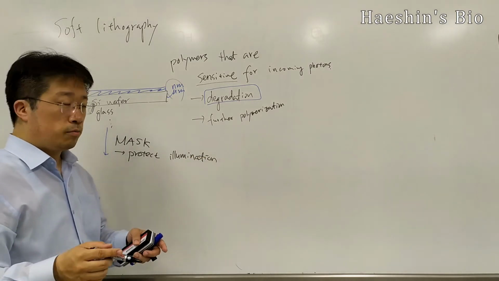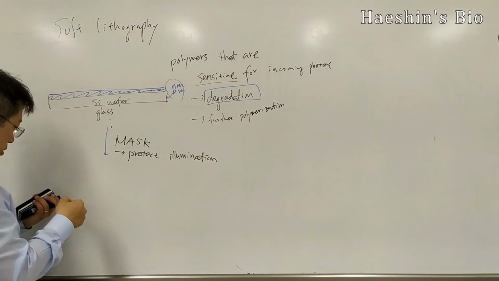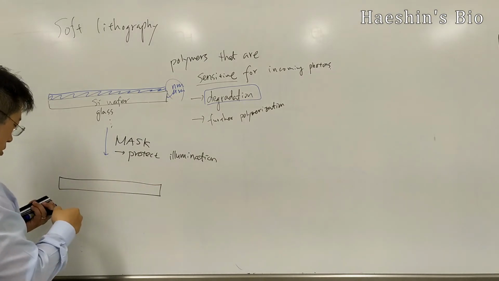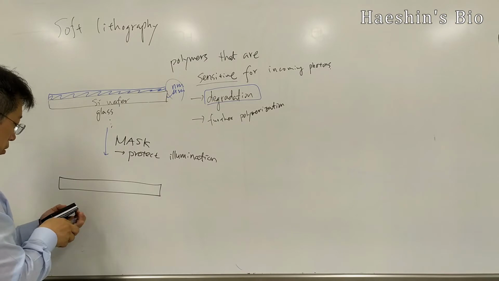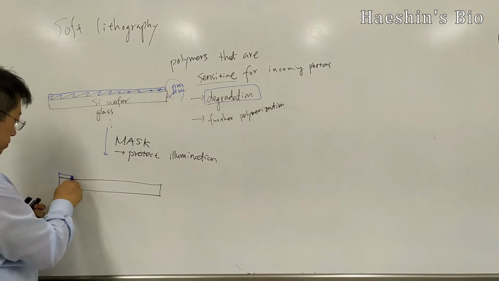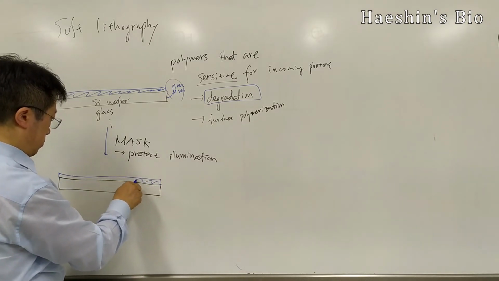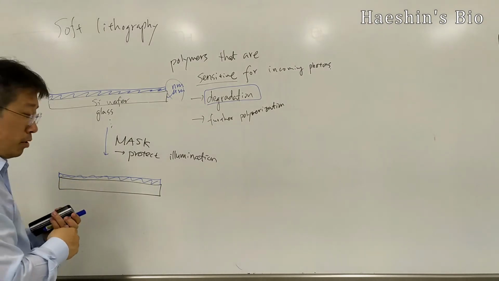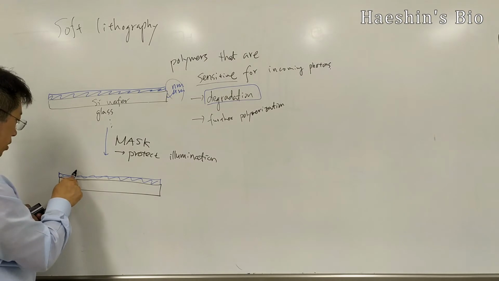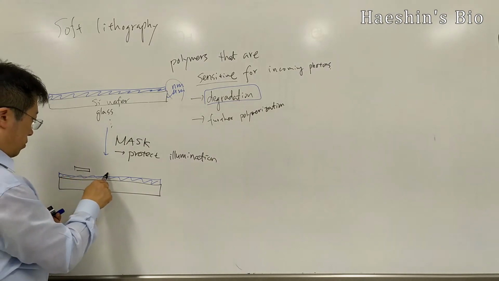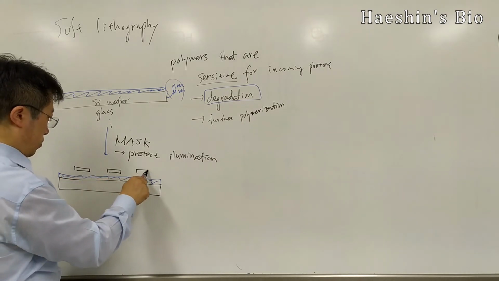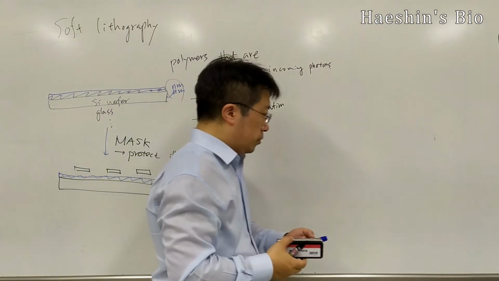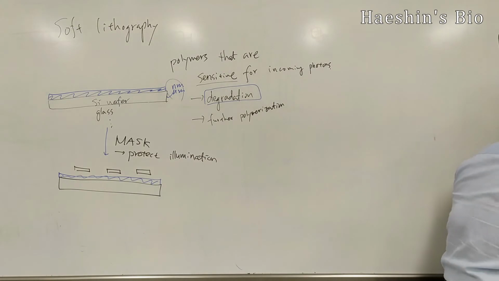Protecting from illumination means, I can draw it this way, you have polymer solution that is spin coated, and then you bring a mask that maybe looks like this. For example, like this.